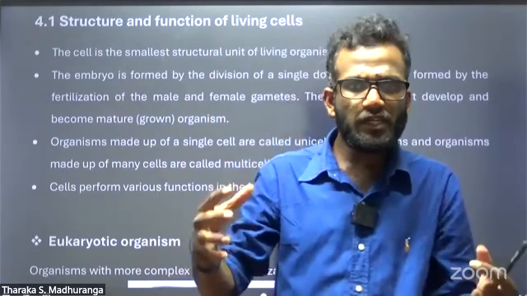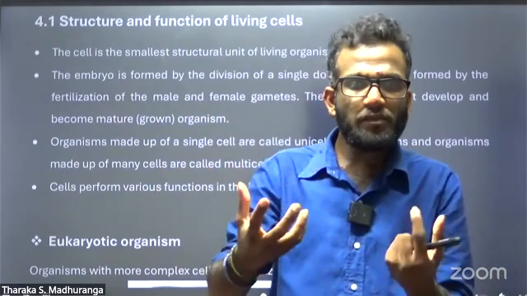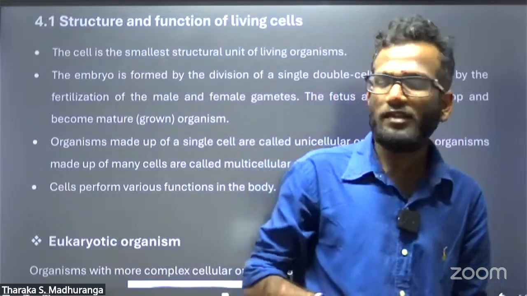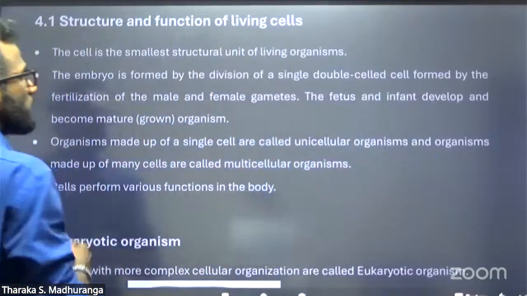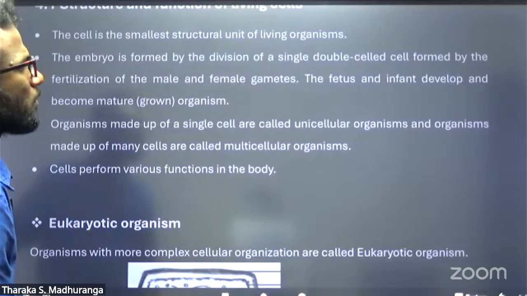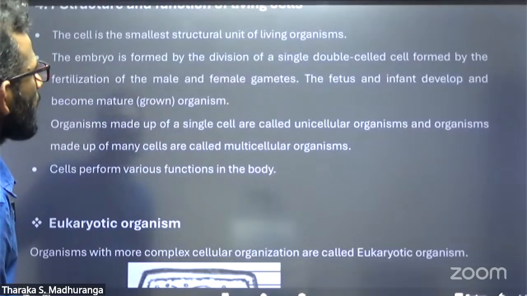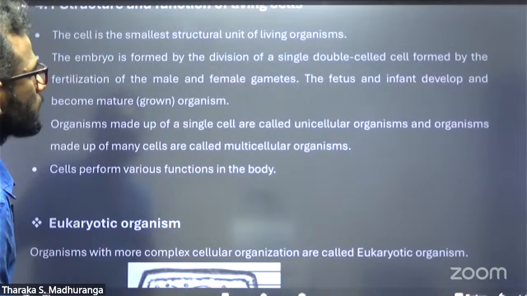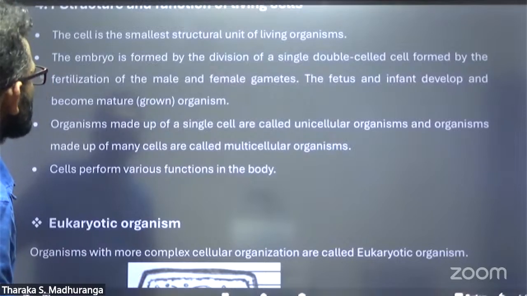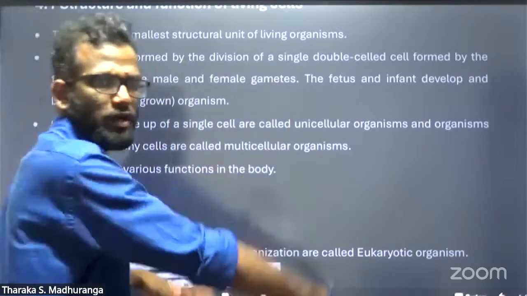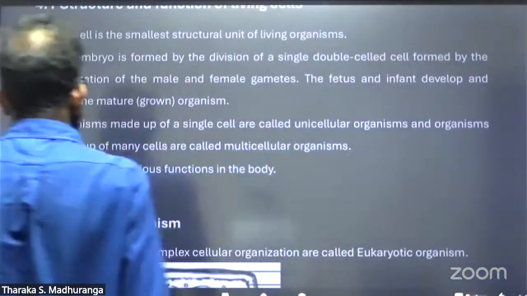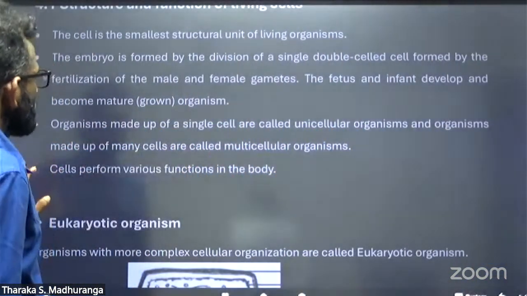In cell division, the same cell replicates to produce new cells. The fetus becomes mature after growing, and after that it starts cell division.